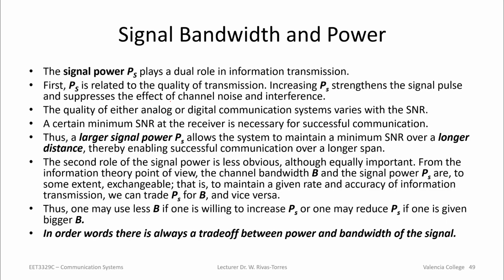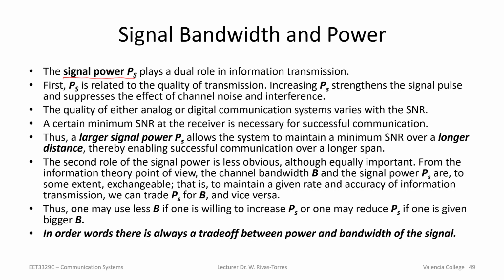Now, the signal power plays a dual role. Signal power is kind of interesting. And remember, signal power is something that for a large set of applications we're in control of. We know what kind of power, and we can play games with the power.